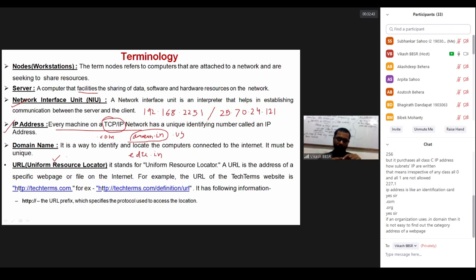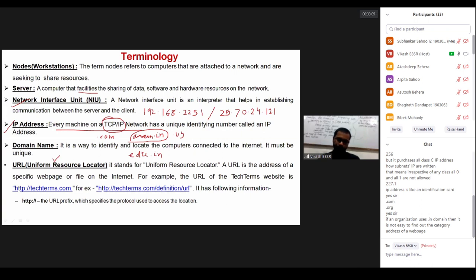For a specific web page, you write http://, then techtalk.com or odishabikas.com. Yes or no? All these things are URLs, where you write your address.